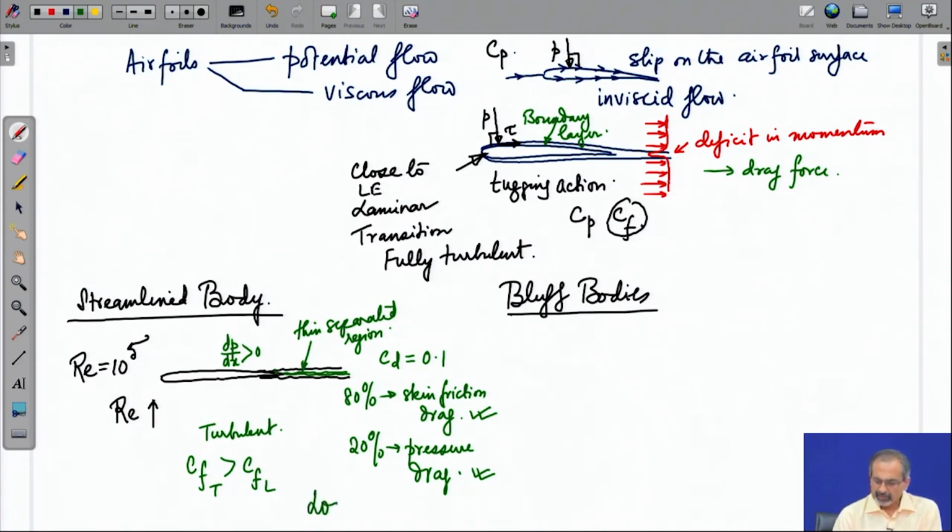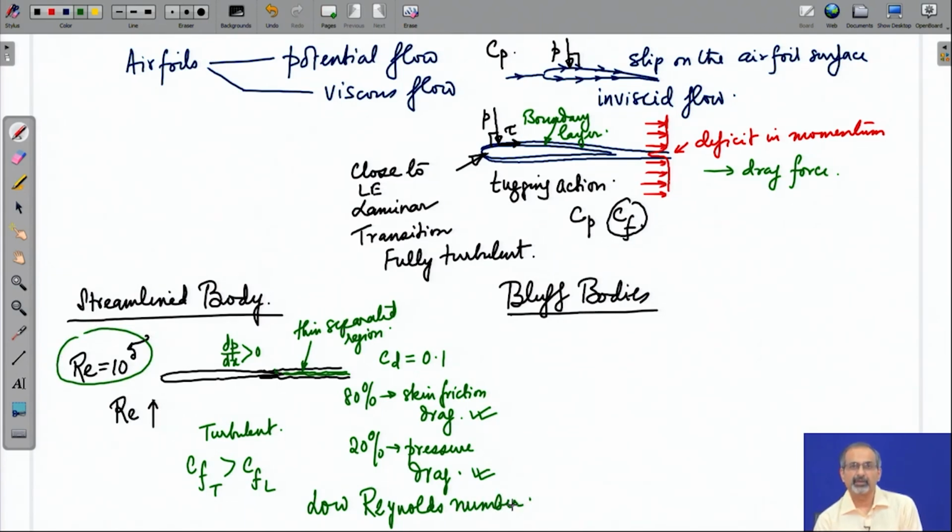When you look at the characteristics of the airfoil at low Reynolds number, maybe even lower than this range, you will find that when the angle of attack becomes marginally high, then there could be formation of a small pocket of recirculation, which is often called the laminar separation bubble.